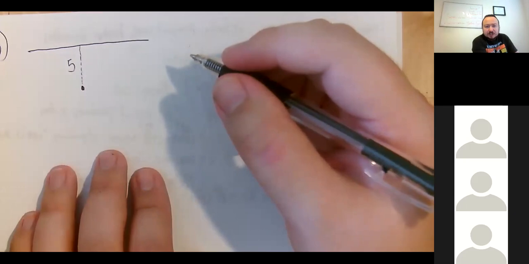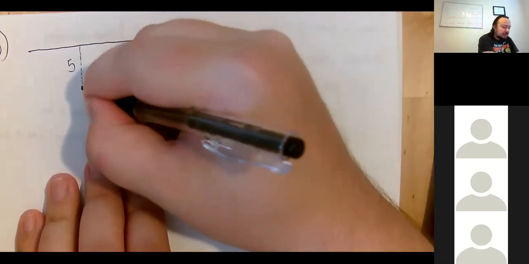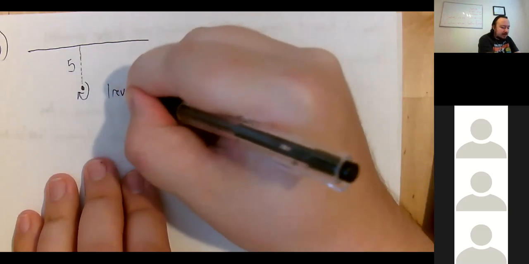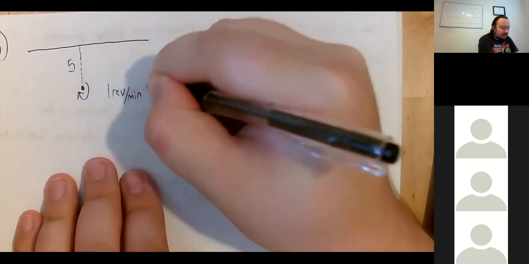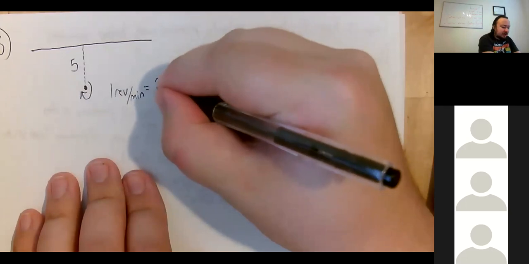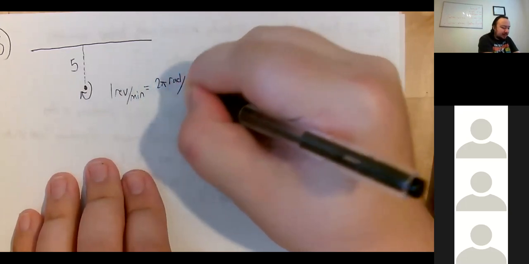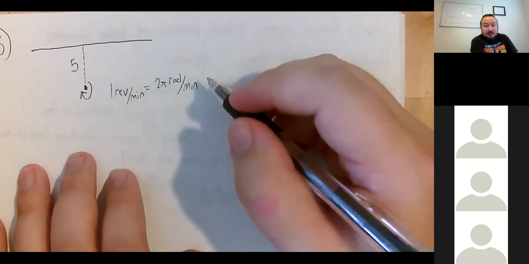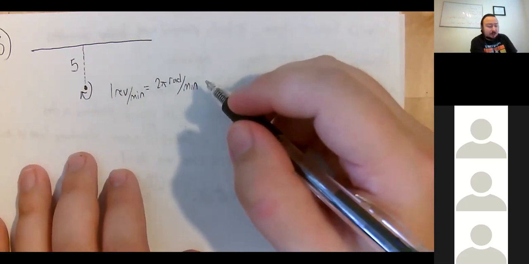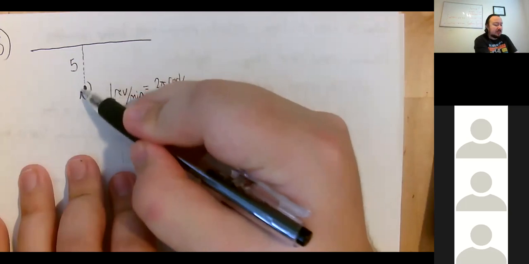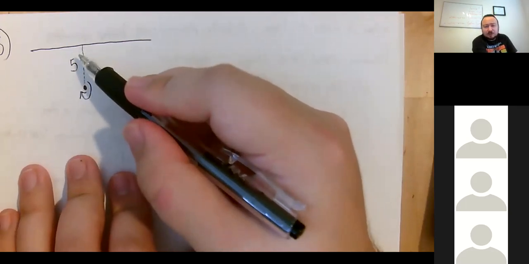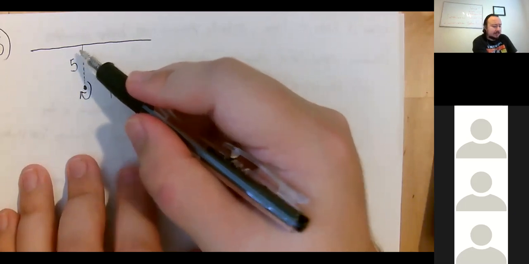If the platform spins at 1 revolution per minute, that means it spins all the way around after 1 minute, which, by the way, is equivalent to 2 pi radians per minute. Then the laser is initially aiming at the closest point on the wall, so the laser starts here at time t equals 0. How fast is the laser moving along the wall after 10 seconds?